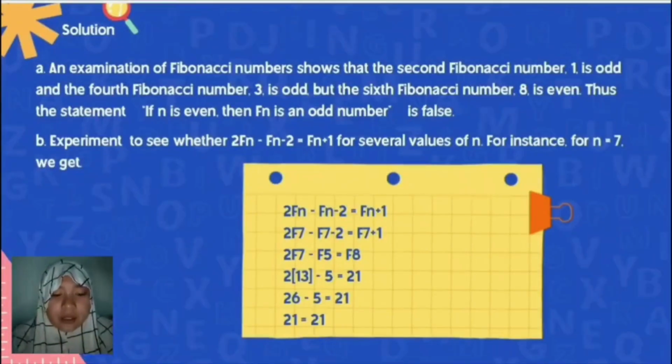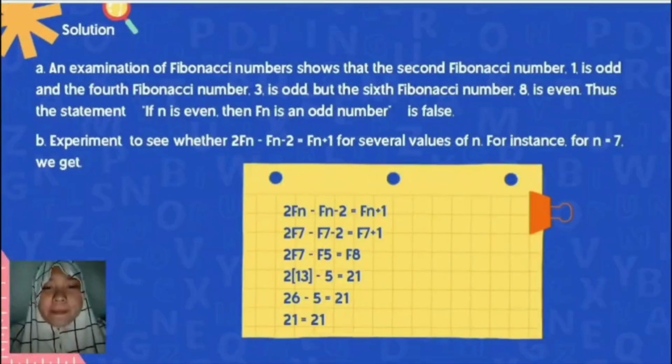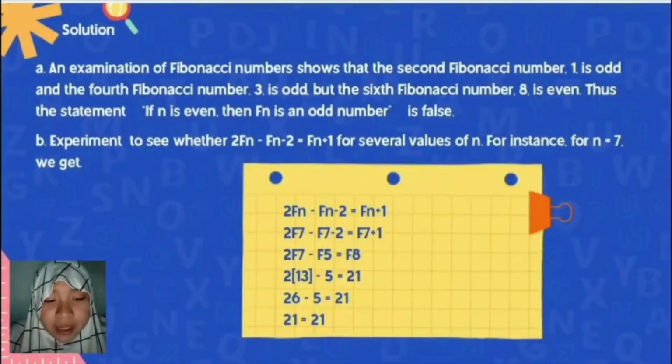Next, we have here, 26 minus 5 equals 21, then 21 equals to 21. Equal na sila ang answer nila. So, after natin na-solve, it says here, which is true, evaluating 2fn minus 2 for several addition values of n greater than 3.